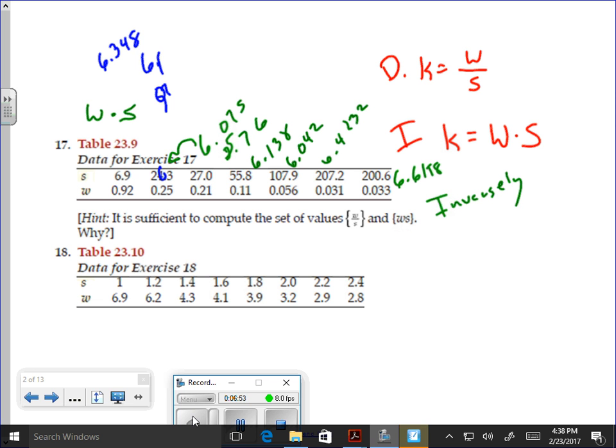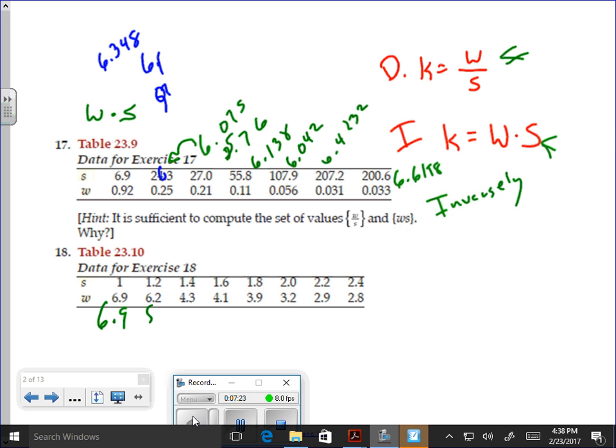Same thing with 18. We'll try directly, and then we'll try inversely. So we'll divide W by S and see if we get the same thing every time. 6.9 divided by 1, 6.9. 6.2 divided by 1.2, I get 5.166.